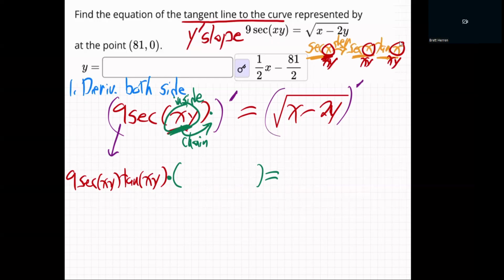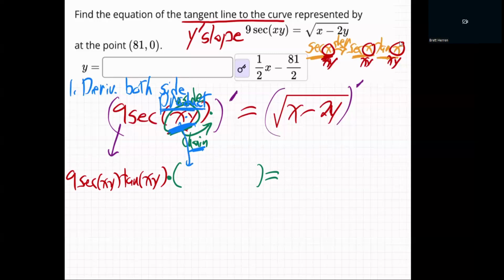Now, double trick. What is the inside? It's two functions multiplied, so we've got to do product rule. Is that making sense? The inside tells us we have to take the derivative of it. That's what the chain rule says. And to take the derivative of xy, we use the product rule because there's two parts.